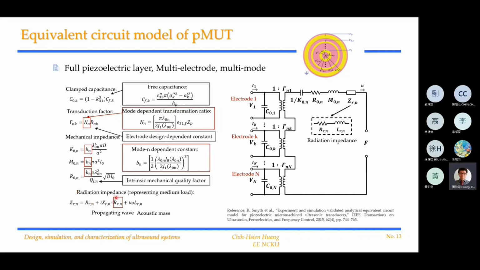And the D here is the radiation impedance. As we said, it will be the minimum load of the acoustic domain. So it will also be combined from a real part and an imaginary part. And also, this is not a purely real radiation impedance.